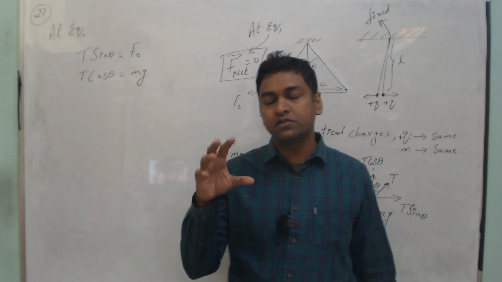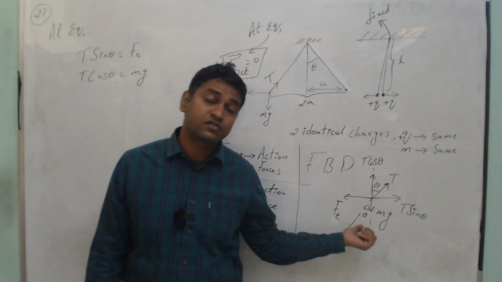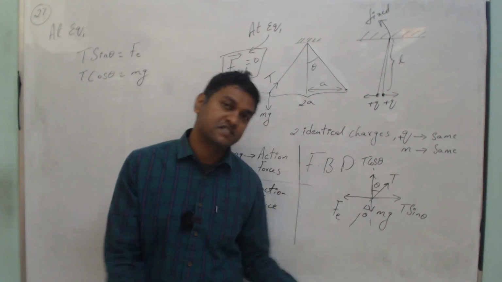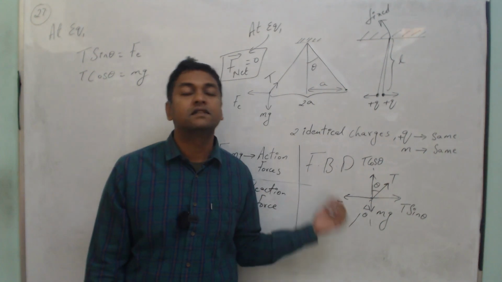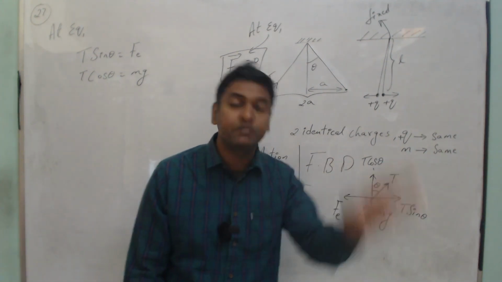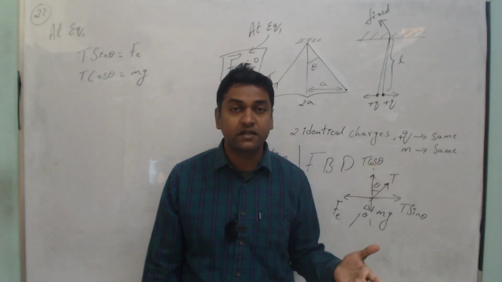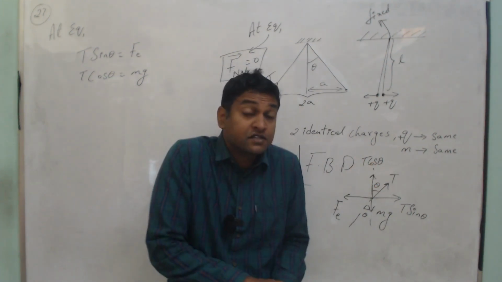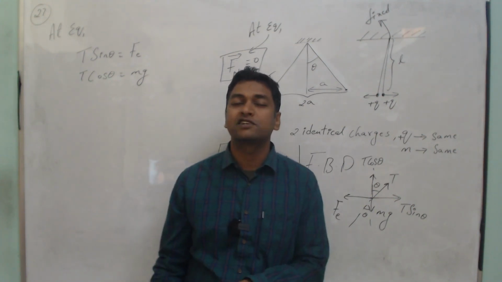So, what is the original conceptual state? The reaction force will generate itself in such a way that the components of the reaction force cancel the action forces at equilibrium position. Is this clear? The reaction force is adjusting itself. It's a variable depending on the action forces.